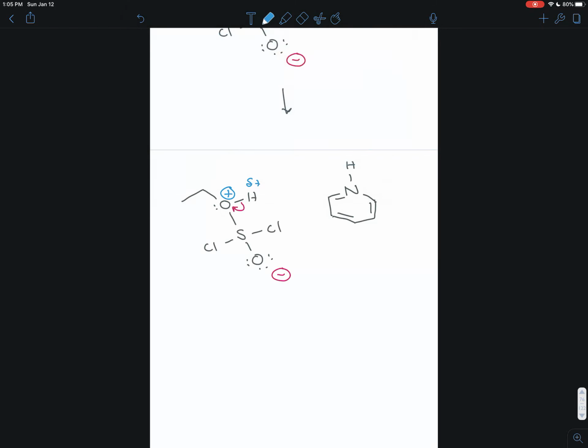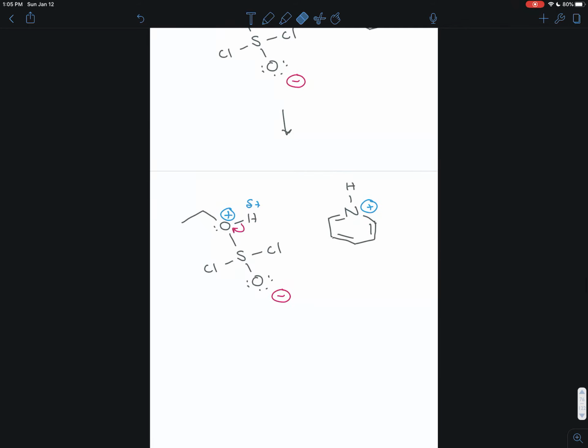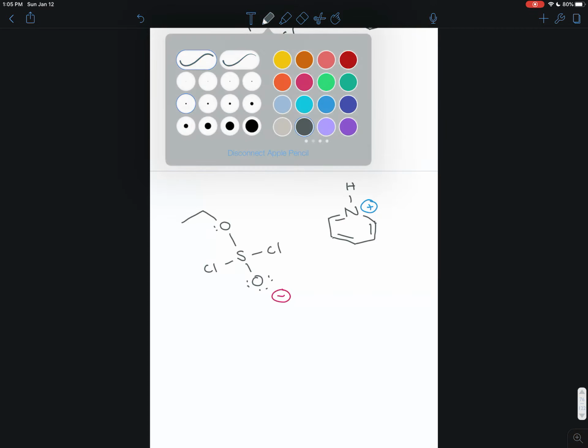This is when nitrogen has 4 bonds. You'll recognize it as an iminium ion. This is a pyridinium ion. This was pyridine. This is pyridinium. And the hydrogen would have left here, so now this oxygen would have no charge.